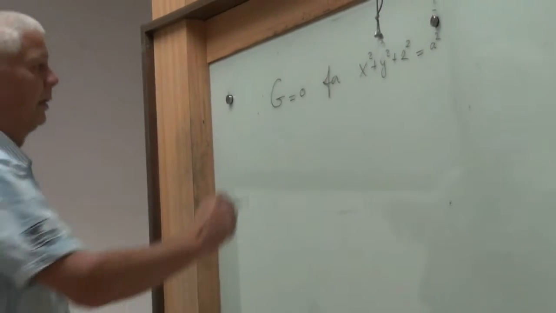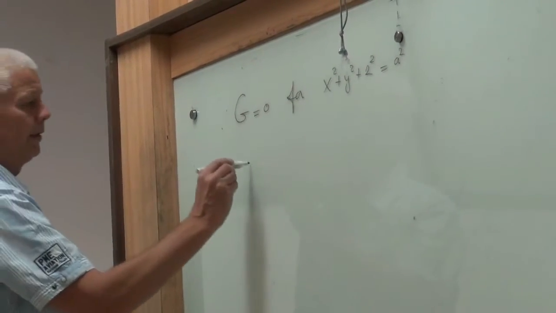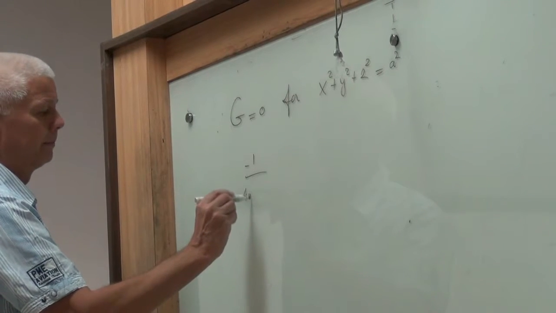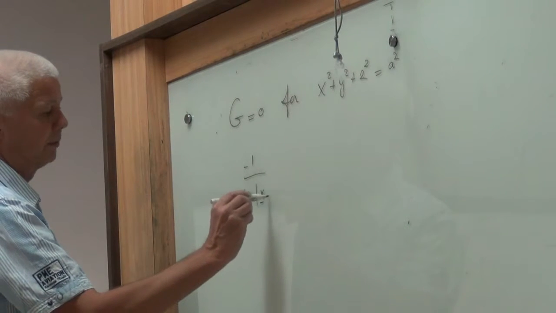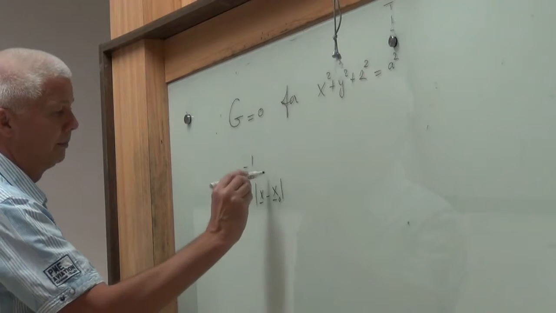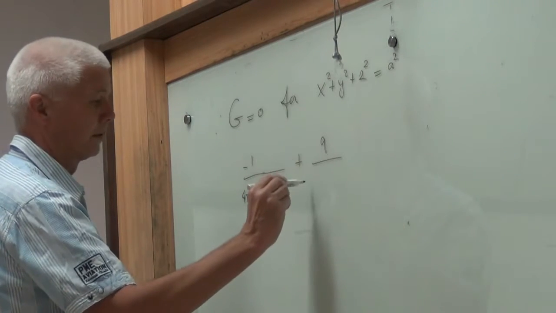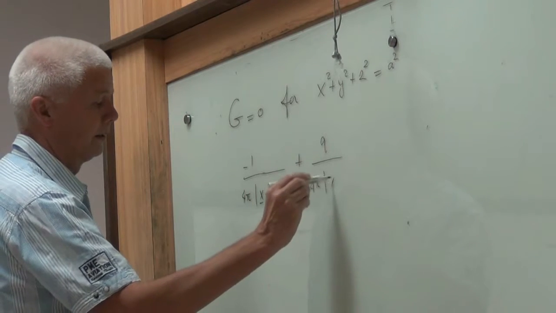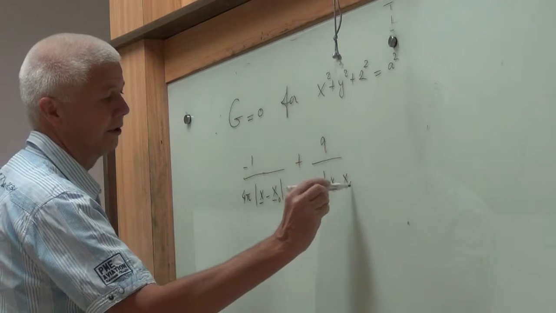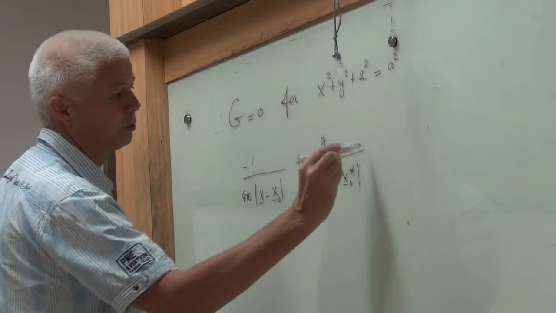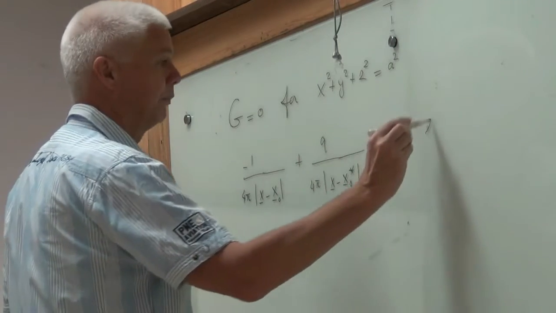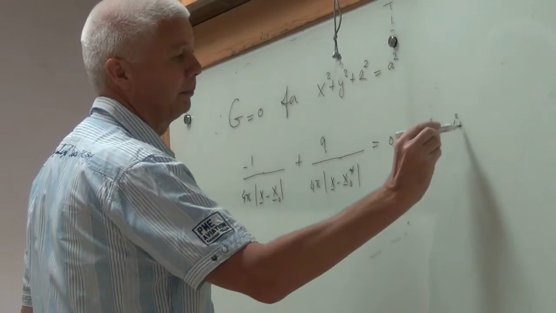And let's try if we can do that. Can we find a Q? Can we find a point x0 star? That's all. Okay, let's work it out. So we get minus 1 over 4 pi |x minus x0| plus Q times 1 over 4 pi |x minus x0 star|.